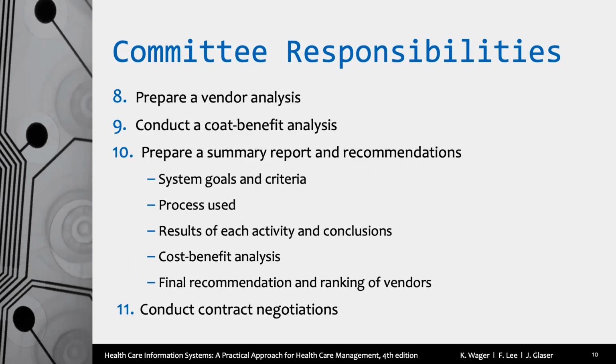More than likely that final decision has to be made at the board level, because in most organizations, a spend of over $10,000 has to be approved by the board of directors of the hospital system. So you pass that information with a recommendation up to the board, and they make the final decision based on your analysis. Then comes the contract negotiations.